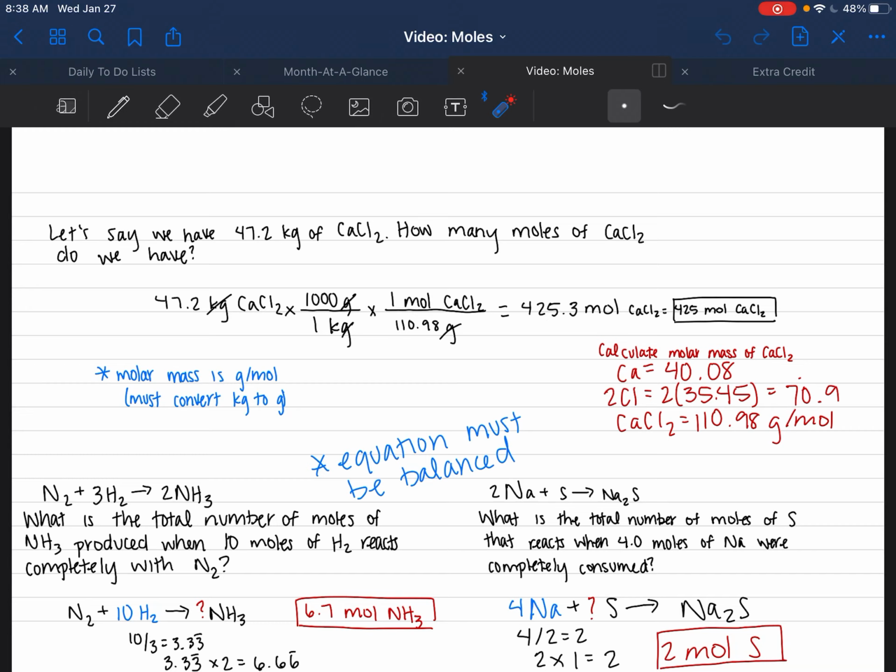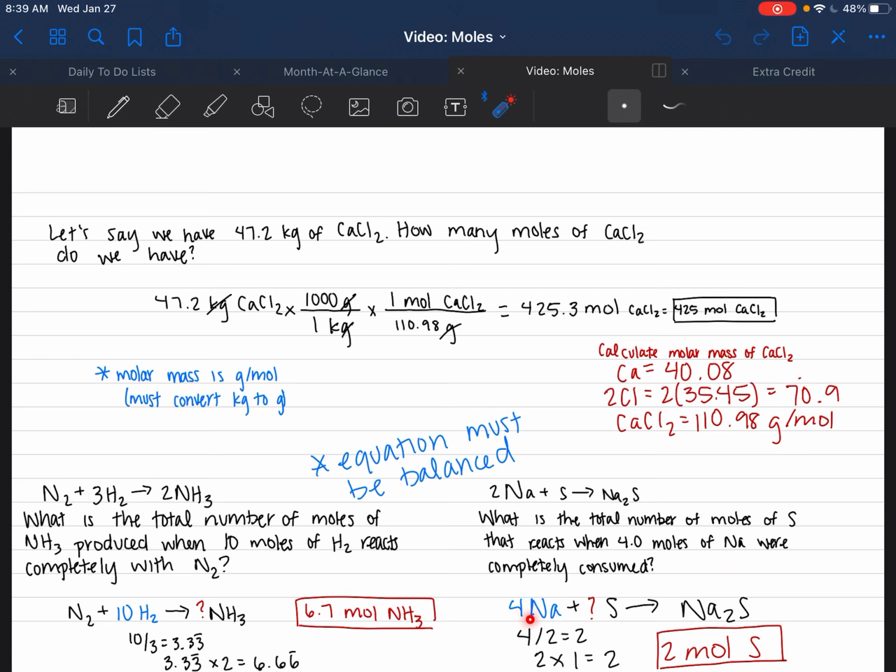So let's look at another example of that. If we have this equation at the top, so sodium is reacting and we're getting Na2S, what is the total number of moles of S, this right here, that reacts when 4 moles of sodium were completely consumed? So again, I rewrote the equation down at the bottom to help me understand that. We're not asking anything about this Na2S right here, so we're not worried.